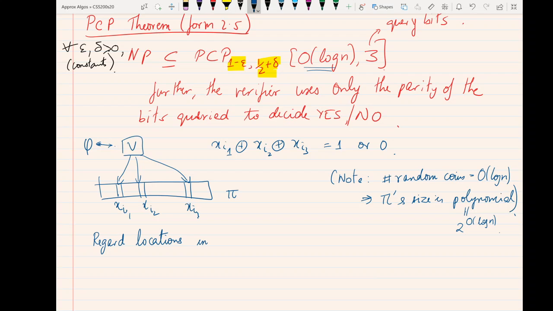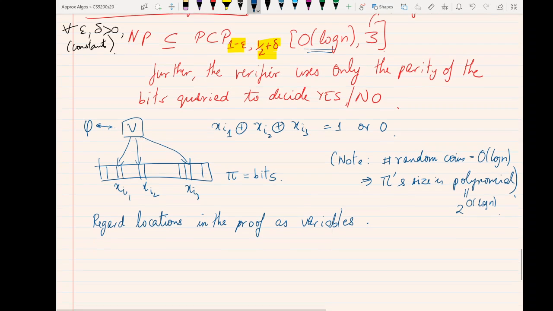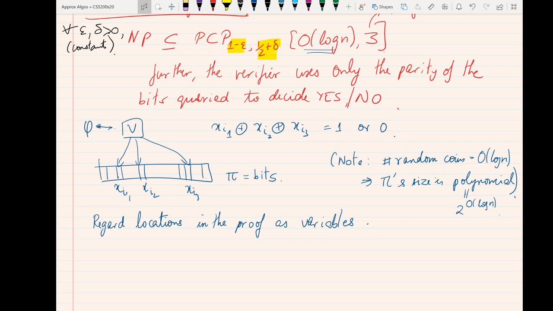Now, let us regard the locations in the proof as variables. Every bit in the proof pi is made up of bits, so you can think of these as variables which you need to substitute to find a valid proof. And what is the verifier going to check?